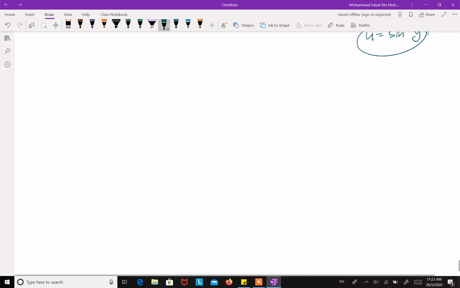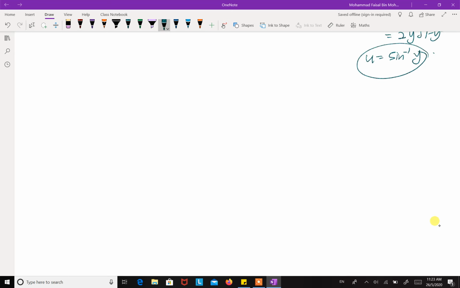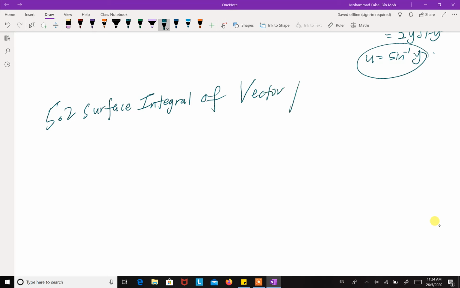The next will be 5.2, surface integral of vector field. Okay.